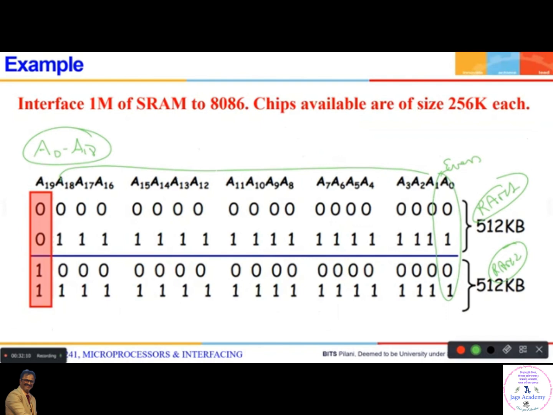A19. Only A19 is left. You can see that your A19 is all 0 for RAM 1 and your A19 is all 1 for RAM 2. Use this remaining line, you can directly use it. You can go for incremental addressing for this.